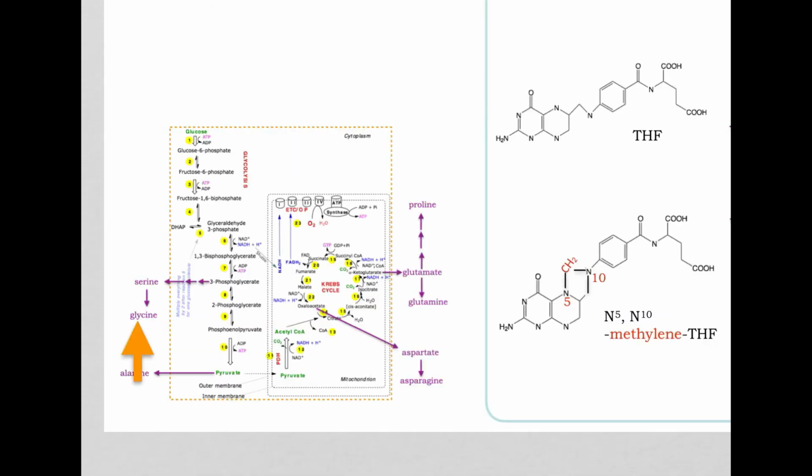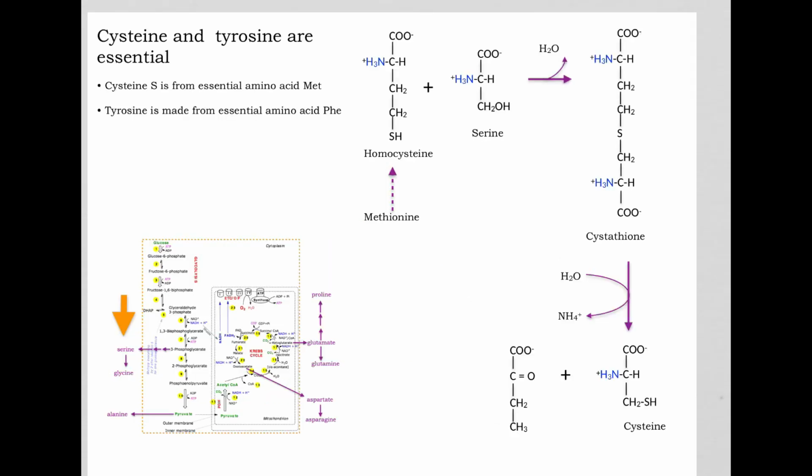So that is how we make these non-essential amino acids: proline, glutamate, glutamine, asparagine, alanine, glycine, and serine. Now notice that we did not talk about cysteine and tyrosine, and that is because cysteine really comes from an essential amino acid, methionine.